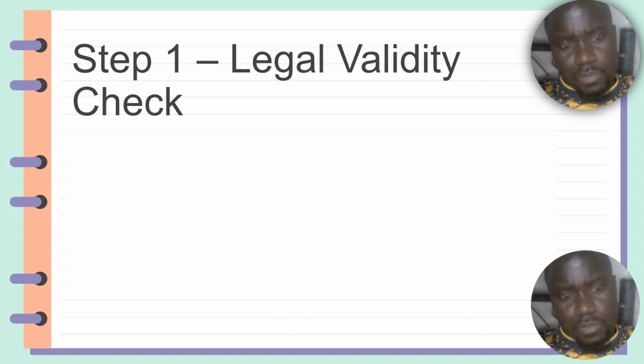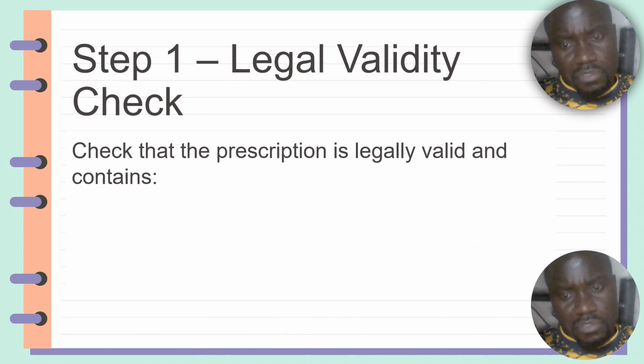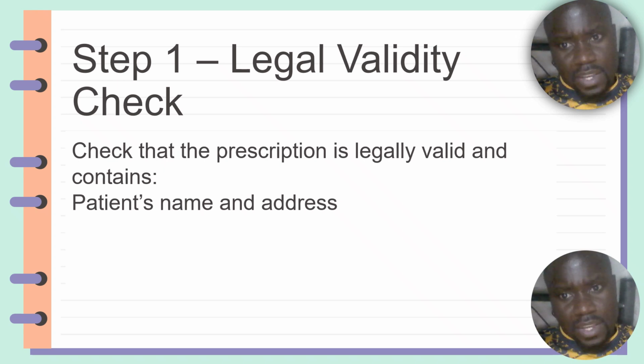And so the first step quickly is a legal validity check. We want to check if the prescription is valid legally. And so what is it that we are going to check for? The patient's name and address. That's very important.